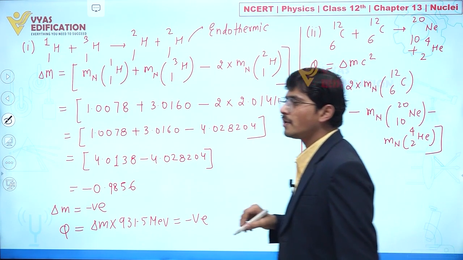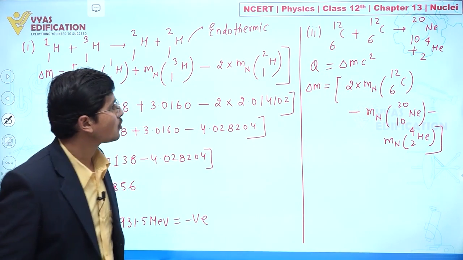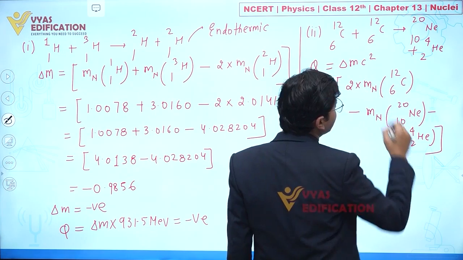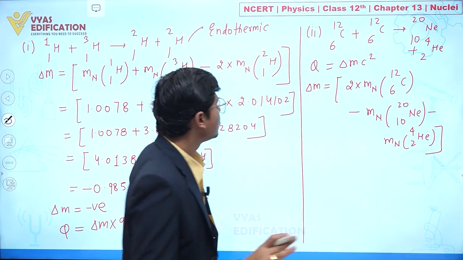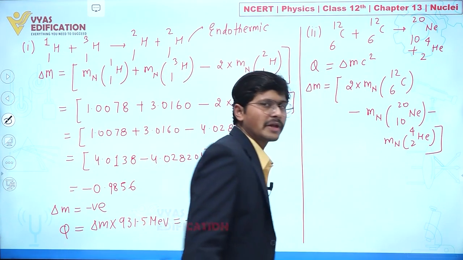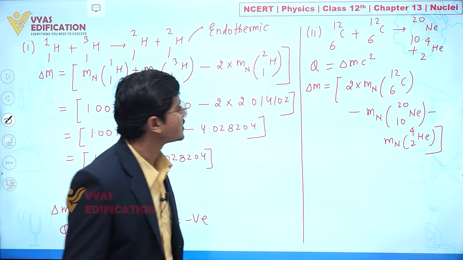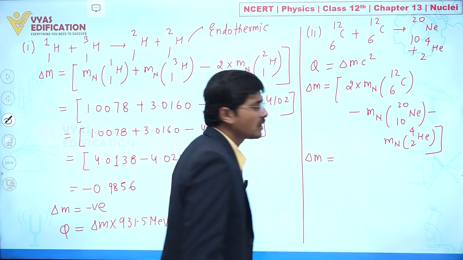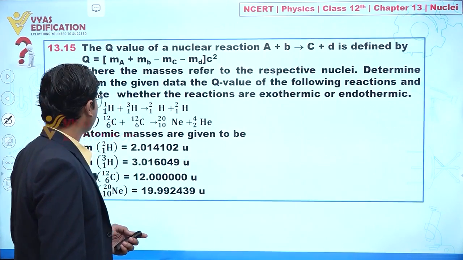Clear? If we talk about total electrons, 6 multiplied by 2, total we have 12 electrons, that is 10, and this is 2. Definitely again the mass of electron will be cancelled out. Clear? So directly we can say the value of delta M that I am getting.